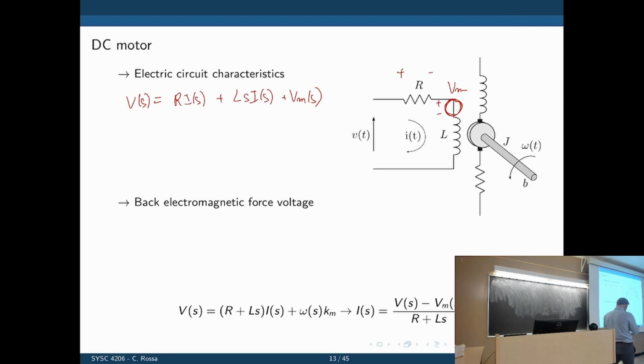Our job is to find the current of the motor by simply combining voltages on one side and then factoring out the current.